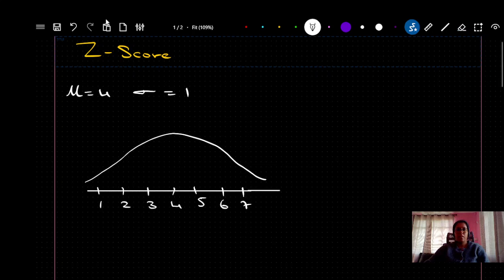And the mu is here, in the middle. 4 is in the middle. This is the mean of our data set.